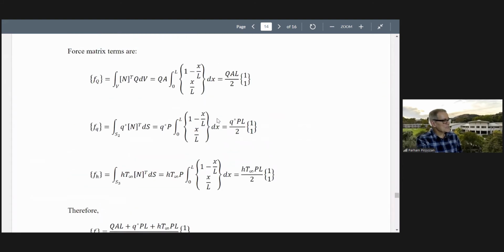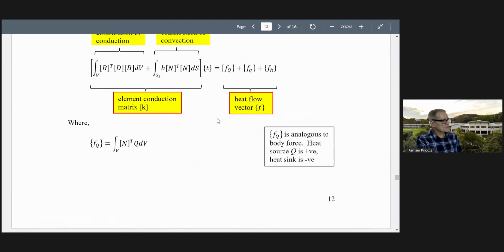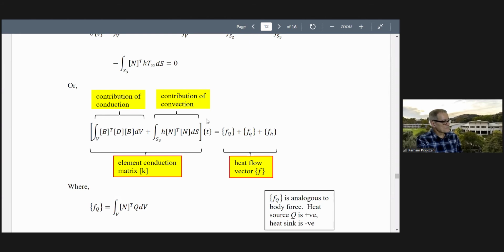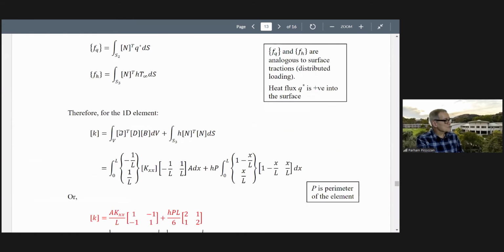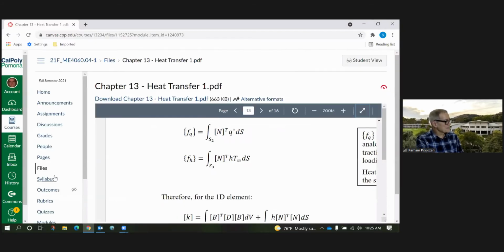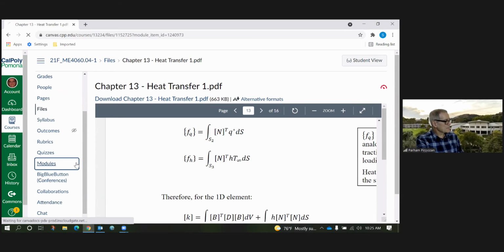So let's see what happens to this term, the element stiffness matrix. If there is convection taking place from the tip of the last element, what happens? And what happens also to this one? This takes care of convection. With this, let's go and look at our last document.